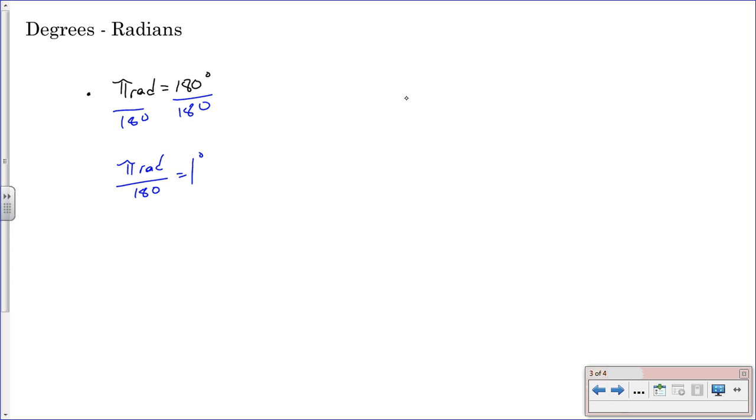Let's look at an example. 30 degrees is how many radians? We're going to take our 30 degrees and multiply it by pi radians over 180 degrees, because remember, 1 degree is pi radians over 180.